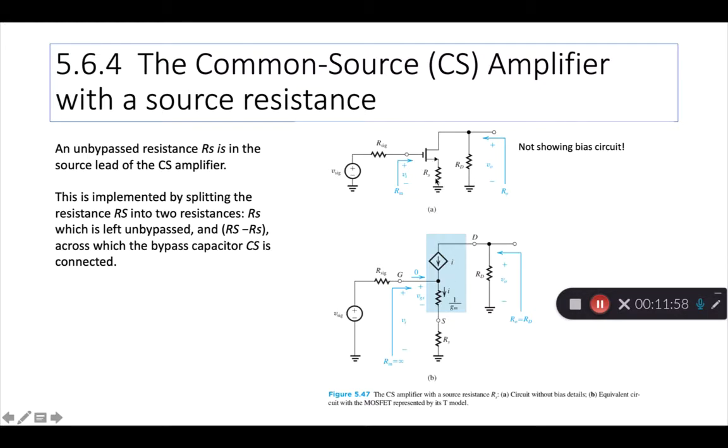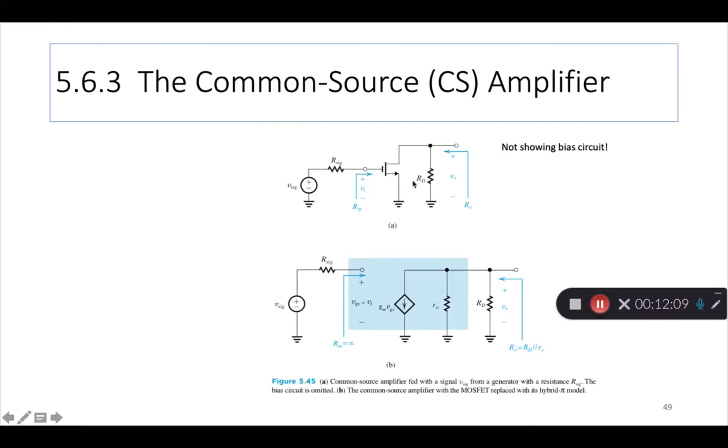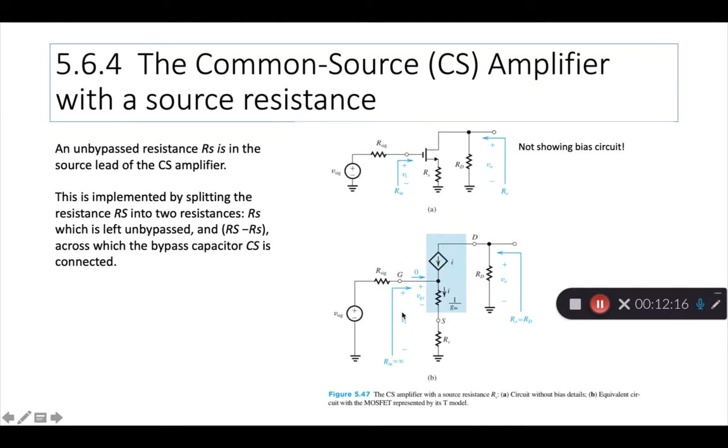Whenever you have a resistance in the source circuit, we adopt the T model for small signal analysis. So instead of this model where you use the gm VGS combination to come up with the value of this dependent source, here we use just an I, and the resistance here is replaced with a 1 by gm. gm is a conductance, so if you flip it, you get a resistance.